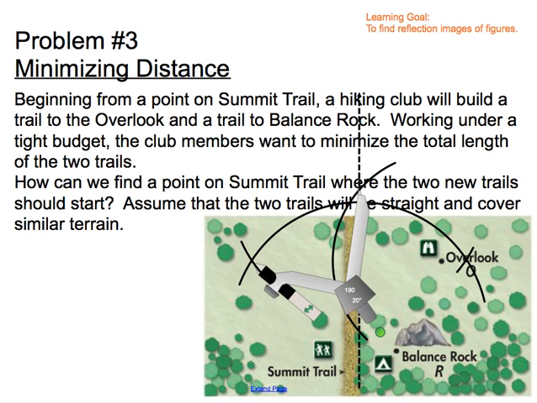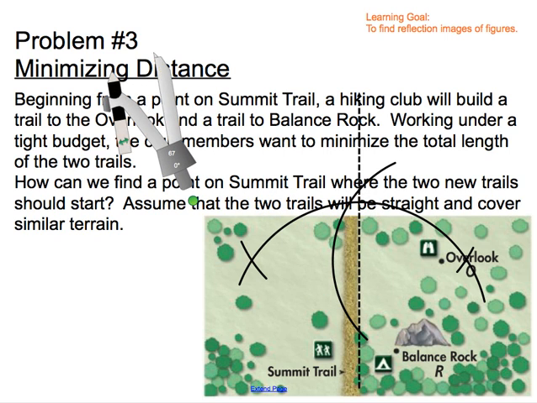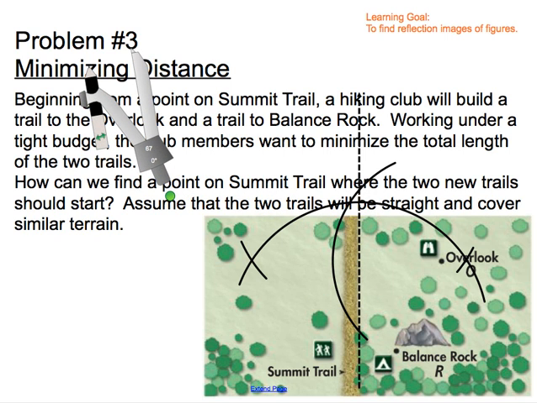And that's going to give me the 2 points that I need to construct the perpendicular line. So you can see this red line is perpendicular to Summit Trail and it contains Overlook.